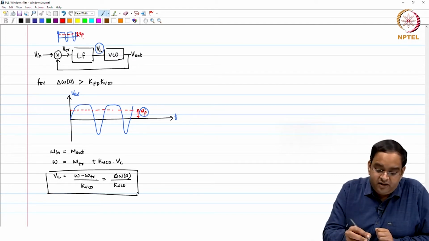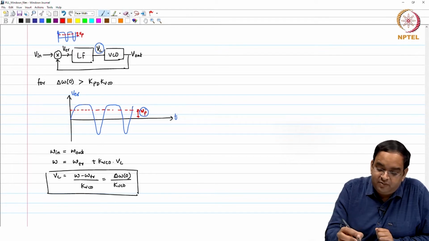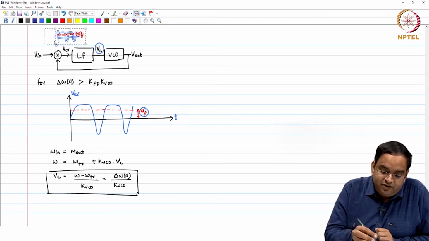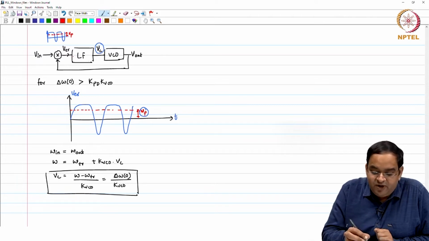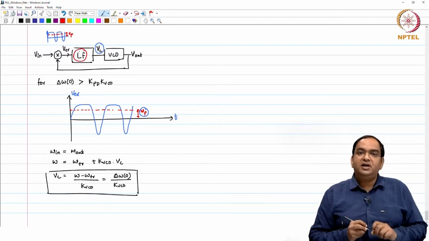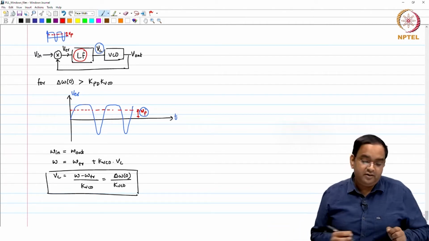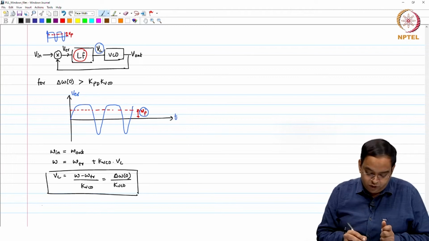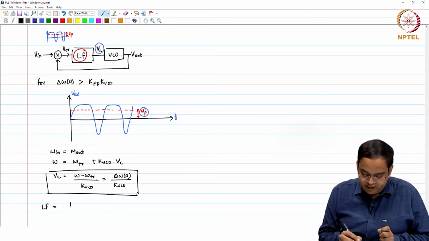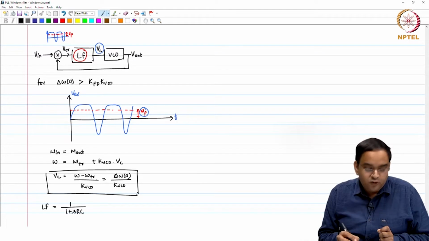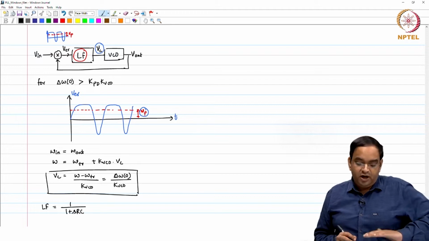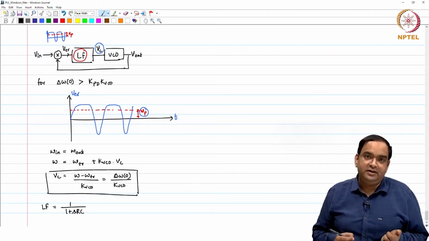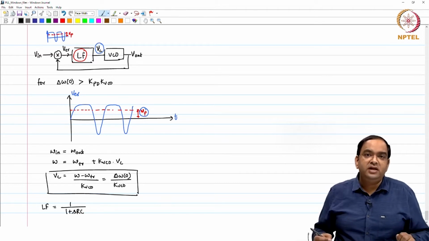Let me amplify this, because this DC value is coming at Vp. So, Vp, the DC value, is going to the loop filter. If I can amplify the DC value through the loop filter, I may be able to lock it. We were not able to do so because the loop filter which we have been using, 1 by 1 plus sRC, has a DC gain equal to 1. So, we want to give a large DC gain to amplify the voltage as we need.